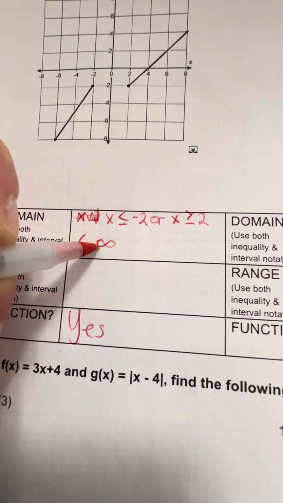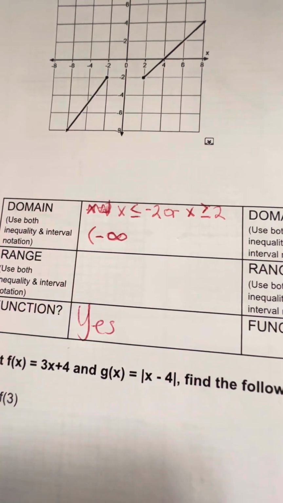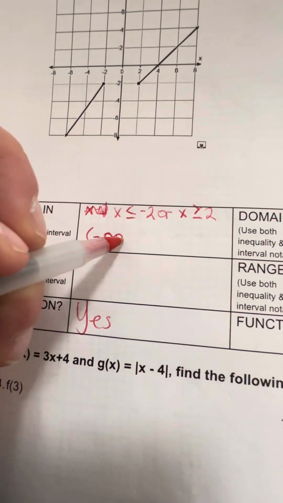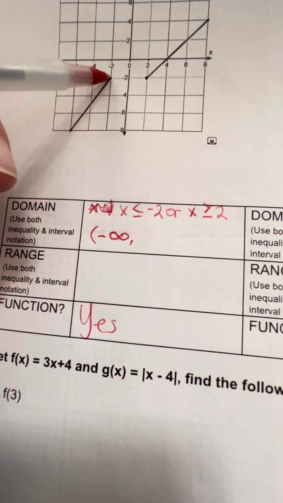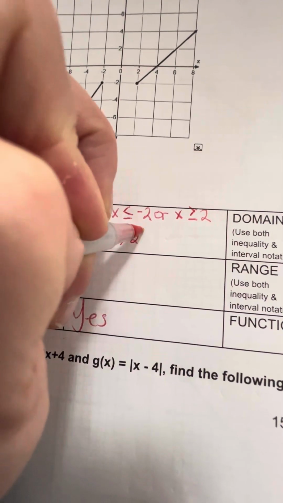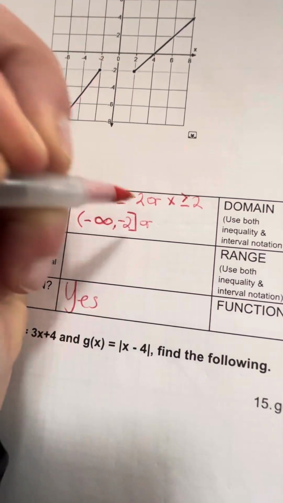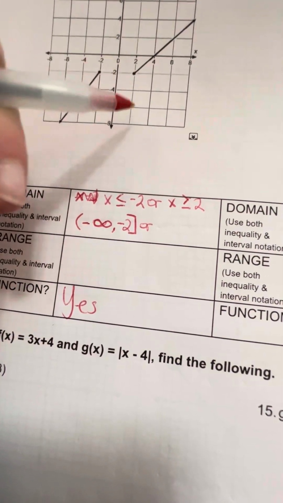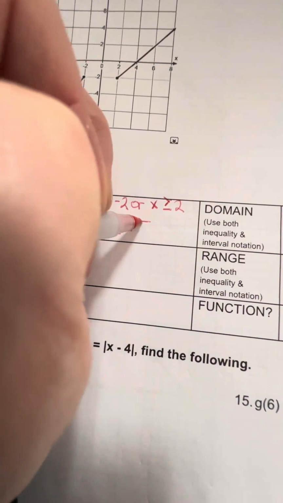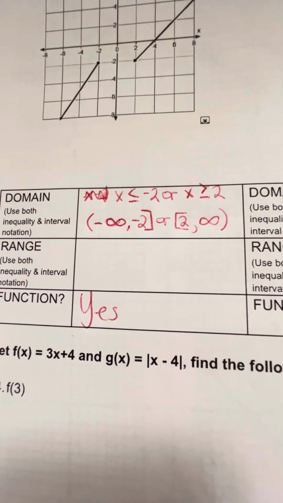When we use infinity and -infinity in interval notation, we put parentheses around it. And then it's going to stop here at -2. It's a hard stop, so we put -2 and then a bracket around it. And then we have or, and then we're going to start again. This starts at 2. It's a bracket because it includes 2. And then it goes forever and ever in the positive direction, so we've got an infinity.